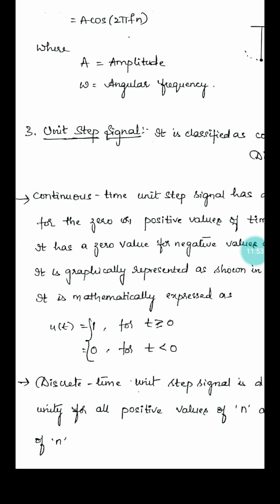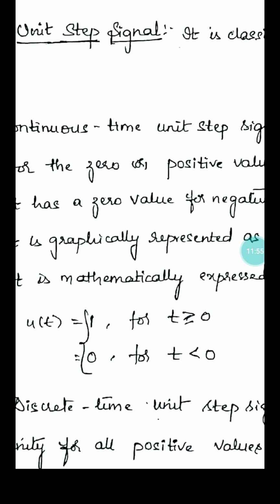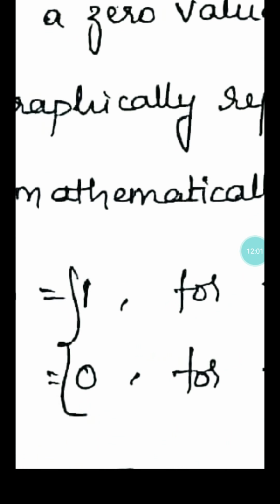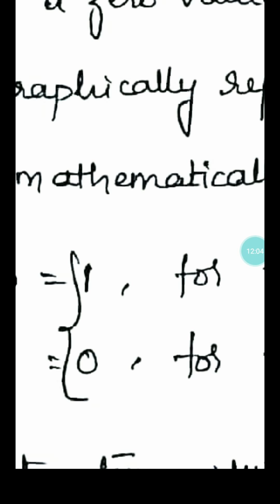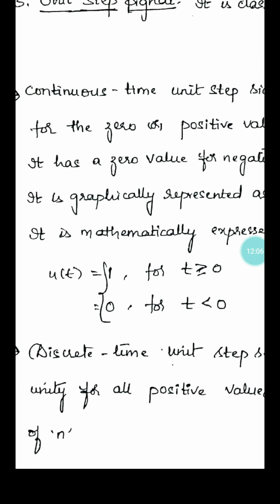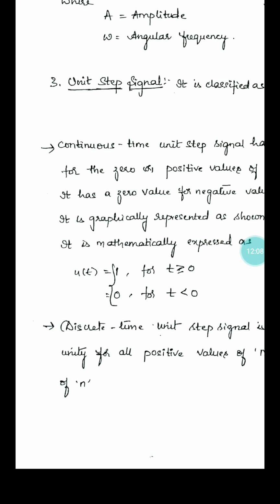We can represent it in mathematical form: u of t equal to 1 for t greater than or equal to 0, and u of t equal to 0 for t less than 0. This is the mathematical expression for the unit step signal of continuous time.